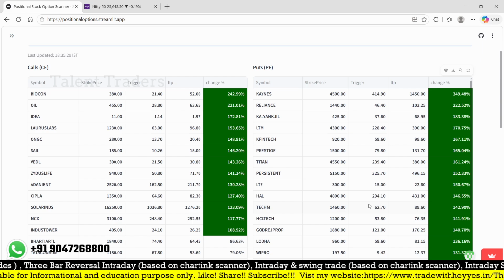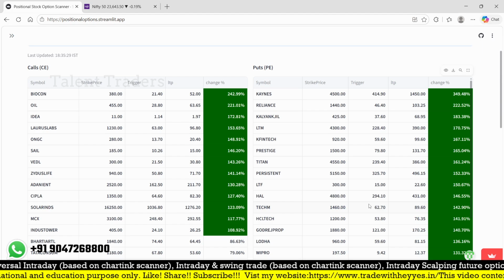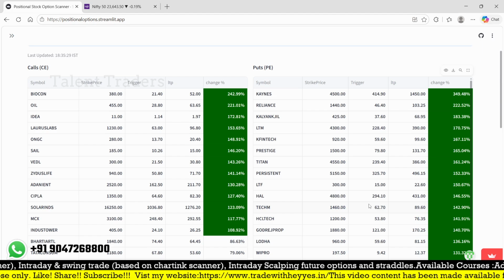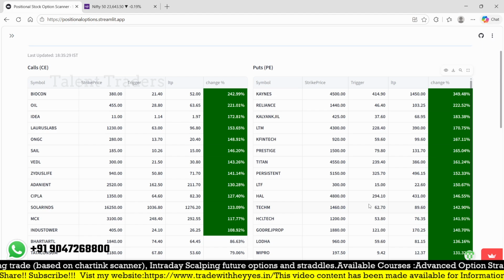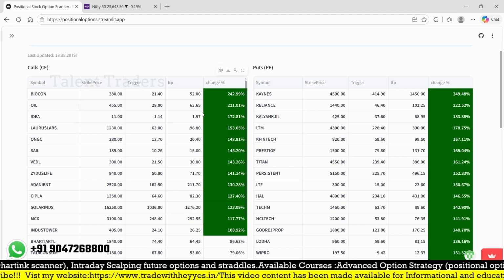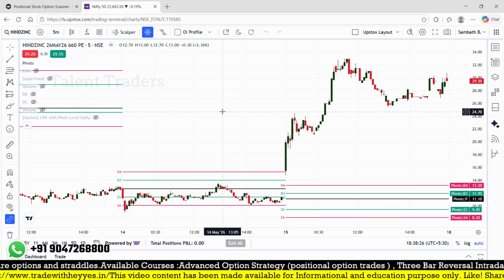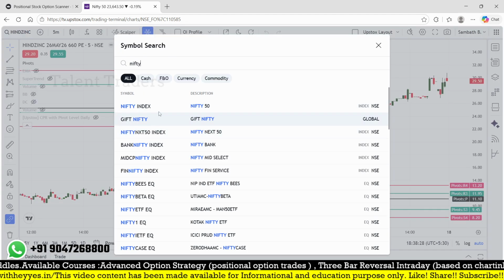Those who are already using our Google Sheet, the new modified web app, will see a lot of trade opportunities on both the call side and the put side. Normally, why are we planning the weekly trade with this strategy?